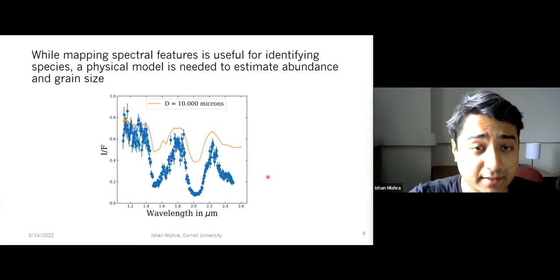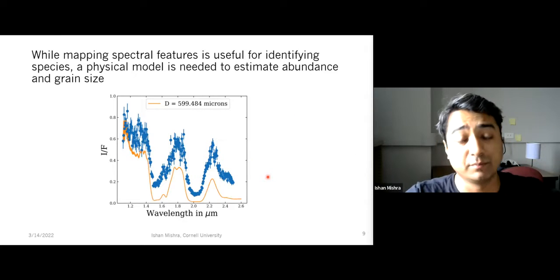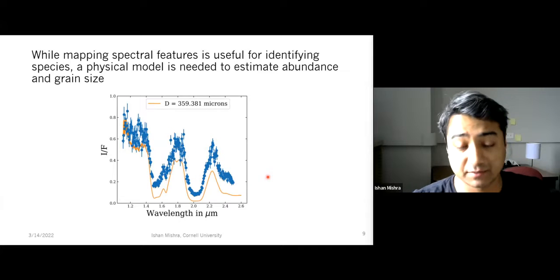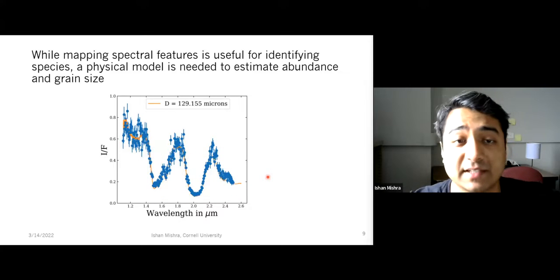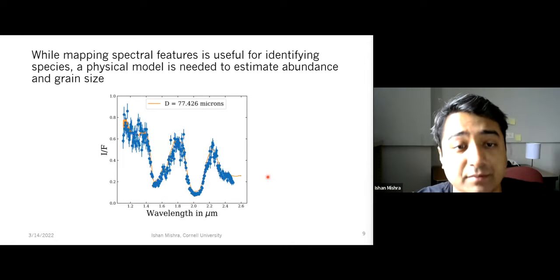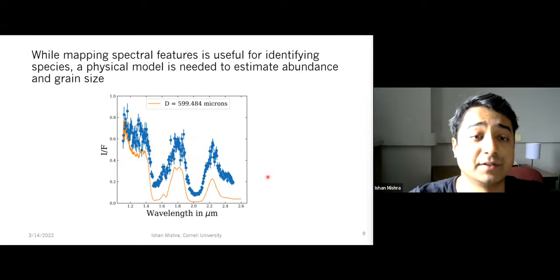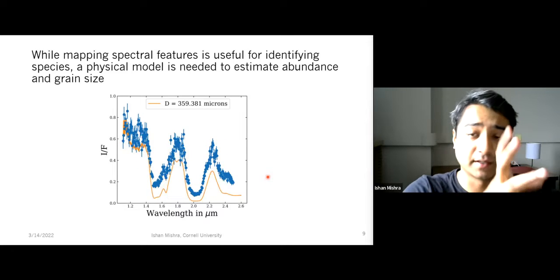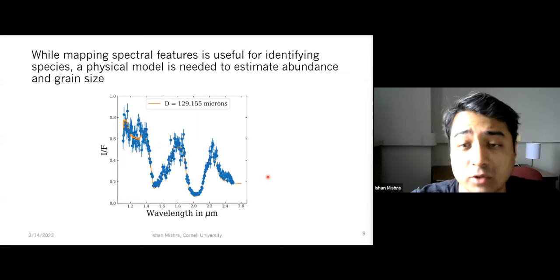Here I'm showing that if you're trying to fit a spectroscopic model to data, abundances of the species are of course important, but other physical parameters like grain size also need to be taken into account because they can alter the spectrum, and so they are degenerate with abundances. So that again adds another layer of complication.